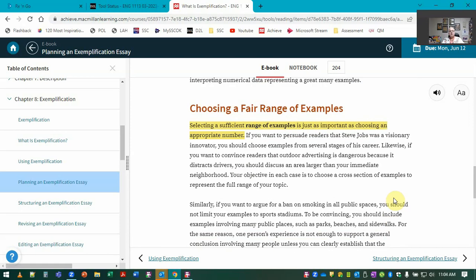So first of all, you need to make sure that you've given us a sufficient range of examples, right? It says it's just as important as choosing an appropriate number. Right. So what does that mean? Well, a range would mean variety. So instead of just having a bunch of examples that show us the very same thing, multiple ones showing the same thing, showing us a variety of examples is important.